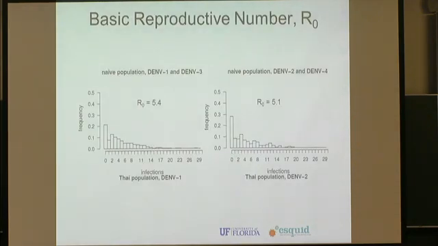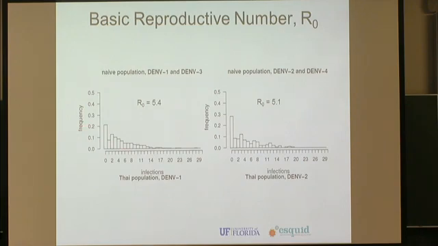When we fit the model to the data, and I'll show you some runs of the model, we're able to estimate the basic reproductive number for each of the 4 serotypes. And these are the actual stochastic frequencies of what happens when you introduce a single infected person into a population.